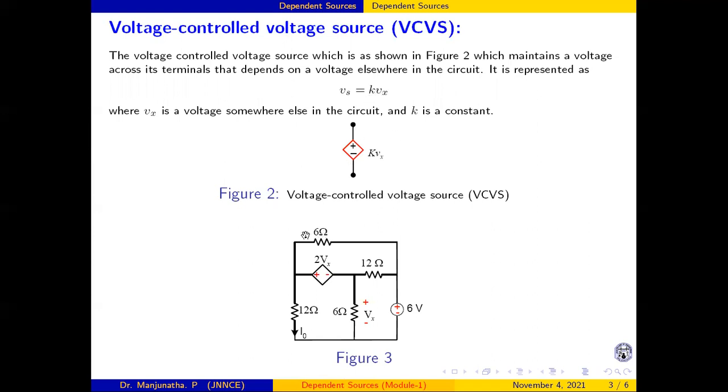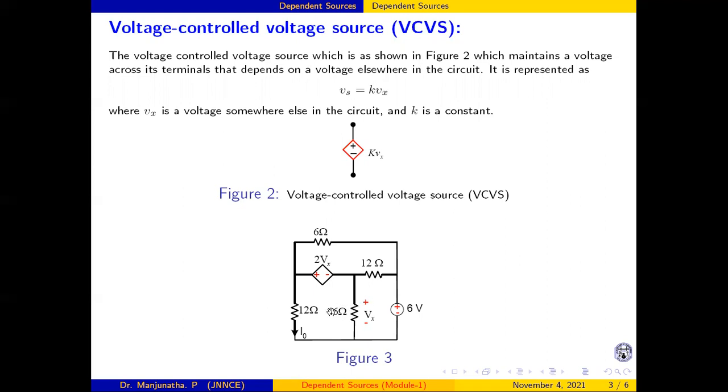With an example, now I am going to demonstrate how this VCVS, voltage controlled voltage source, appears in a circuit. For example, this is a voltage controlled voltage source. Its value is 2 times Vx, where Vx is the voltage across a 6 ohm resistor.